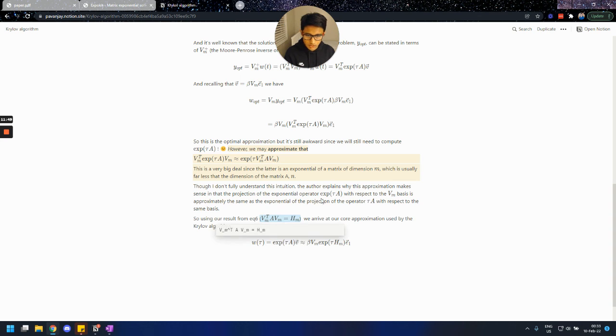So we just substitute that in for here, and we arrive at the core Krylov approximation, which is W of tau equals the exponential of tau A times v, which is approximately the same as beta times V sub m exponential of tau H sub m times the unit basis vector.